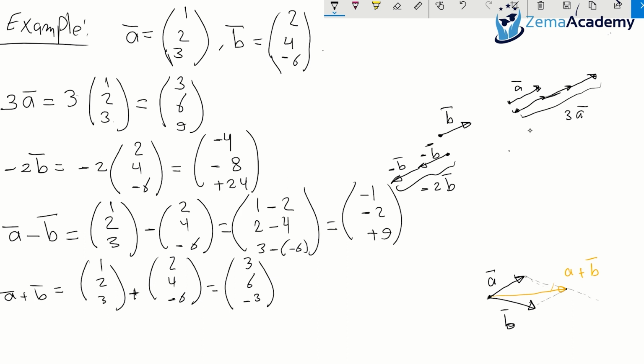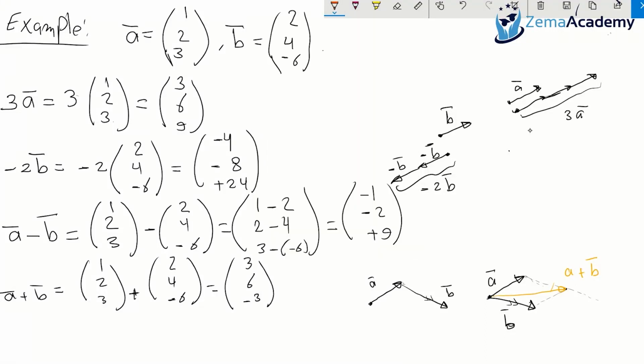Or A plus B here: you take a vector parallel to A, and from the end of A you draw a vector B parallel to B here. That B is parallel to that B here.